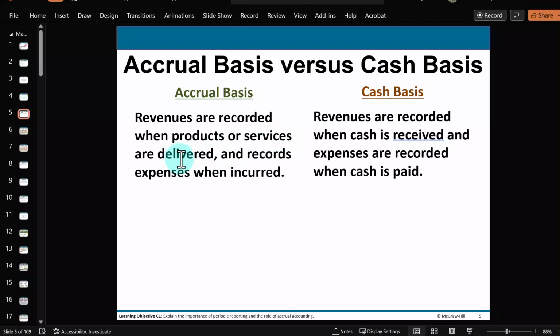Only then is the revenue going to be recorded. Also, expenses are going to be recorded when incurred or when the cost has been used up, not necessarily when the cost is paid. So we're going to follow accrual basis method of accounting in our class, even though you as an individual or small businesses would use the cash basis method of accounting.